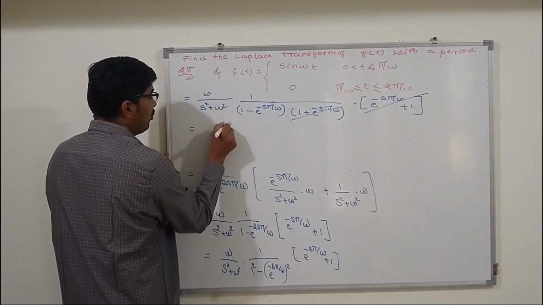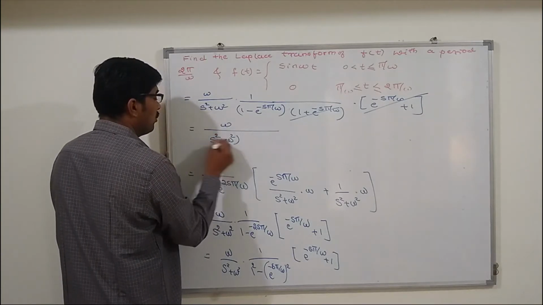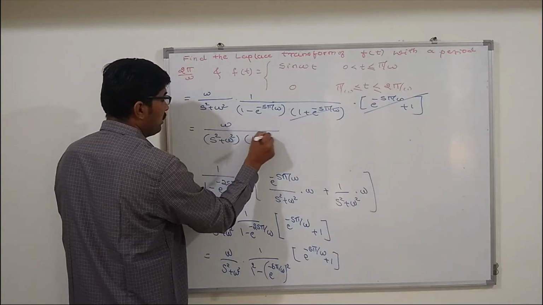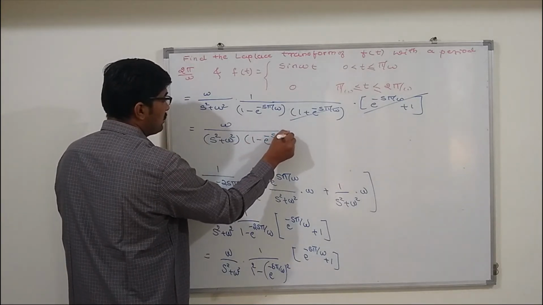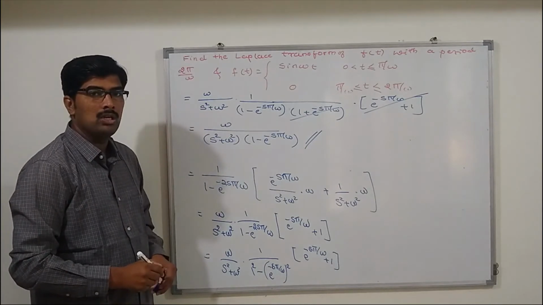So we are left with omega divided by s square plus omega square into 1 minus e raised to minus s pi by omega, which is the required solution.